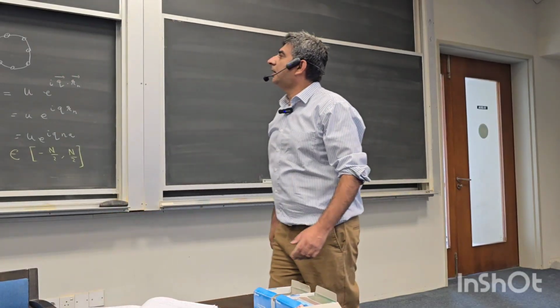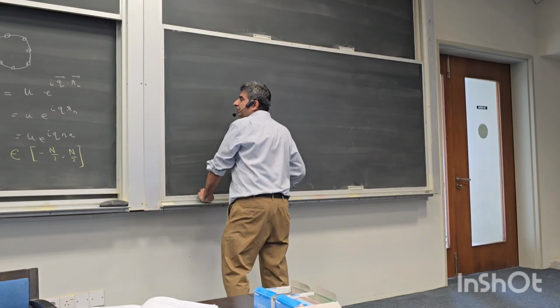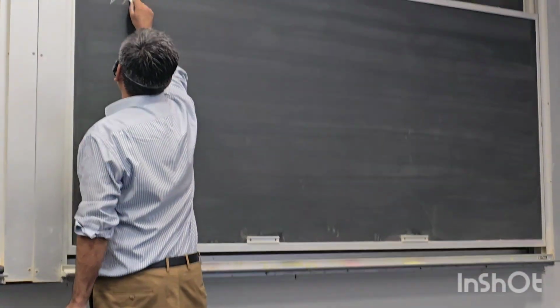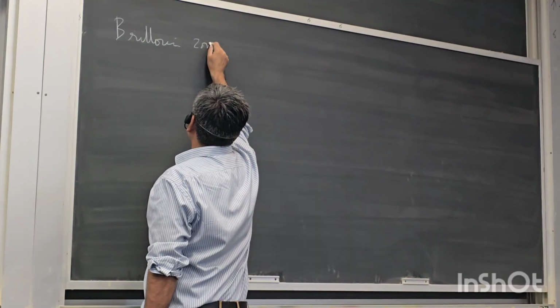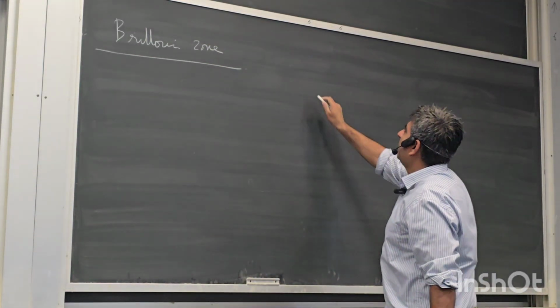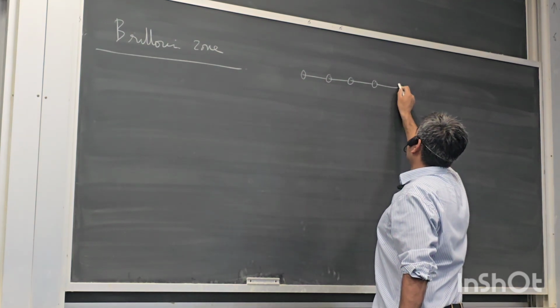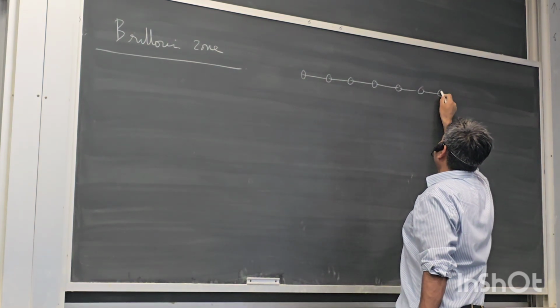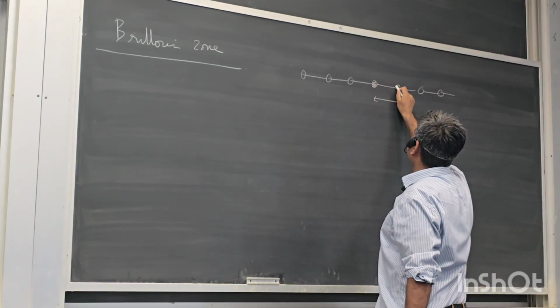Now let me look at the Brillouin zone in a bit more detail and invoke what is really happening here. In 1D, it's all very simple. So this is my direct lattice. The crystal structure has been made by adding atoms to the lattice.